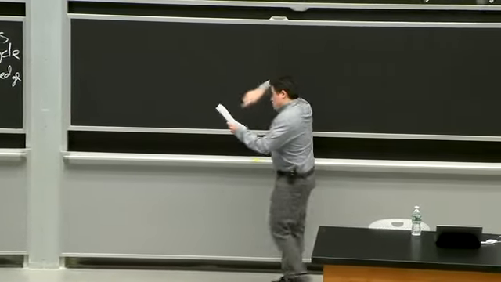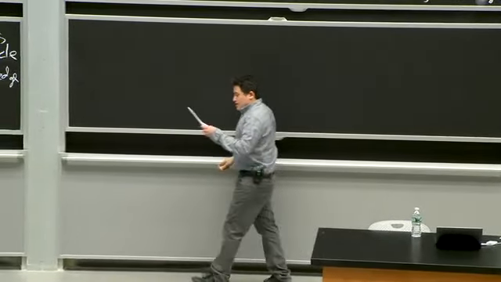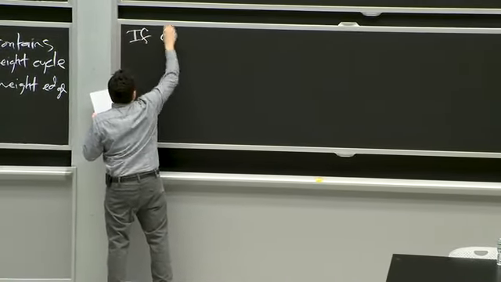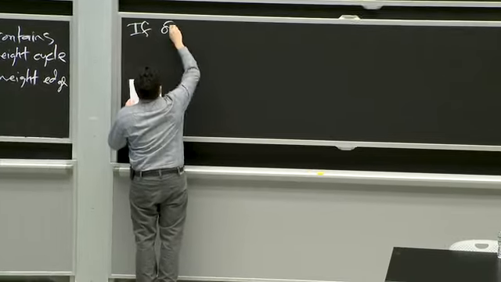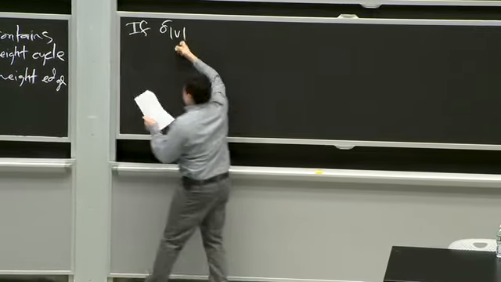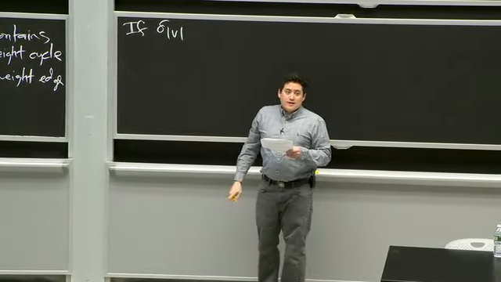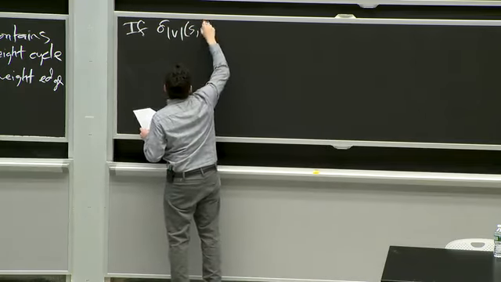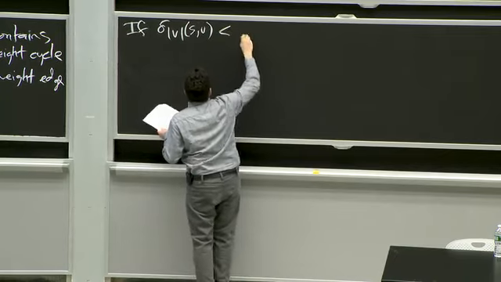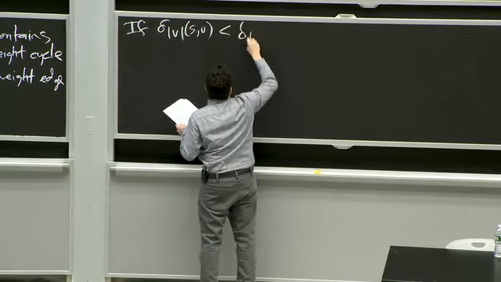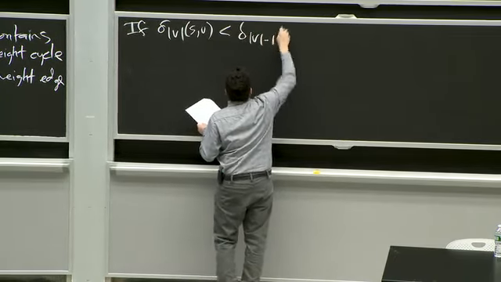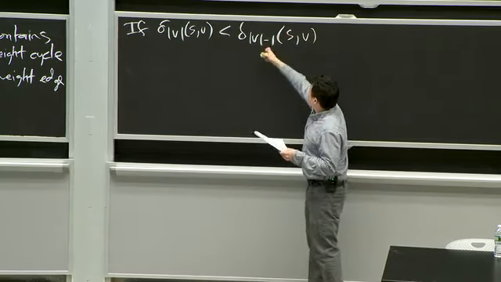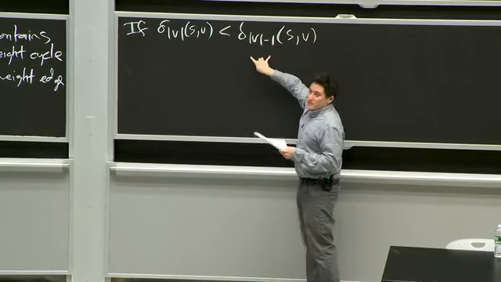I claim to you a stronger statement: that if the shortest path using at most V edges from S to V is strictly less than delta V minus 1, this is all in the subscript here.